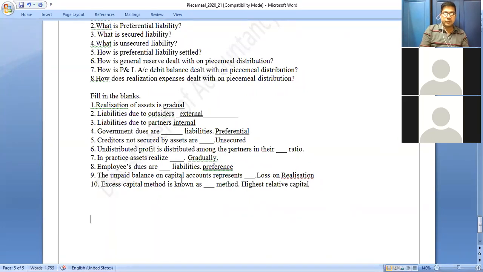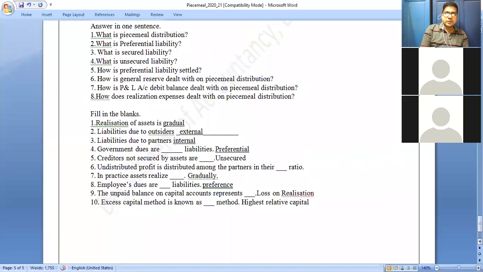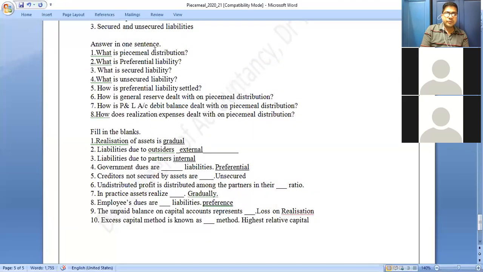Yes, I hope you understood these answers. I think you wrote these answers. Many students got good marks. Okay. What about the objectives? You should also prepare your own objective questions. You have to write answers in one sentence also.